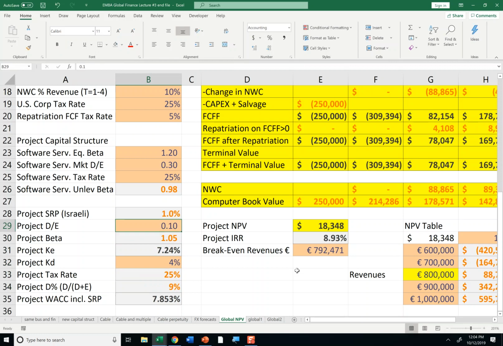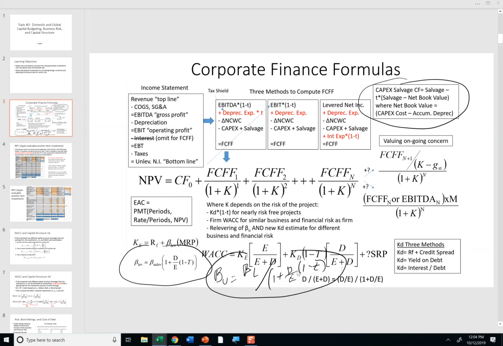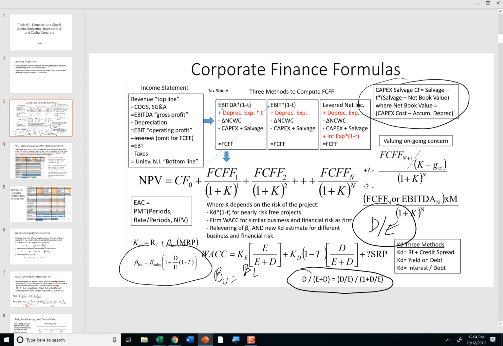One other last formula I want to point out on that formula sheet is, hopefully I have it somewhere. Oh, this formula down here. When I give you the D/E ratio, just make sure you get this point. The D/E ratio is not the same as the percentage debt in a firm.